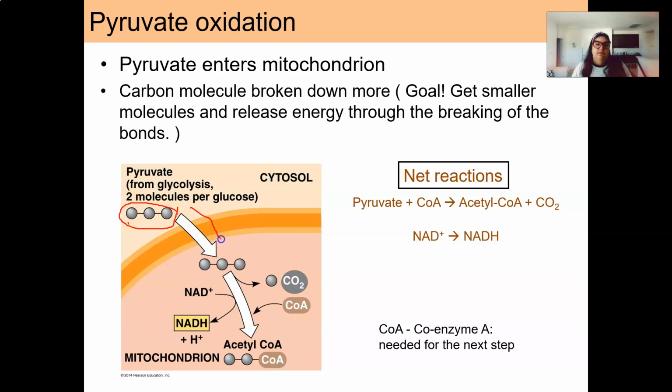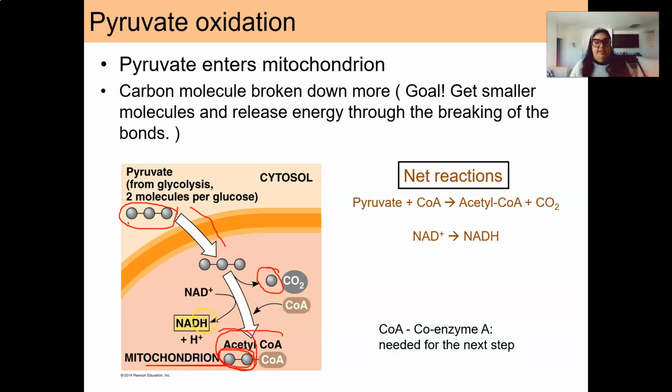It comes into the mitochondria, and this is where we start some more reactions, and we get acetyl-CoA, which is a 2 carbon molecule, seen by the 2 balls, and 1 CO2 molecule, which is a 1 carbon molecule.